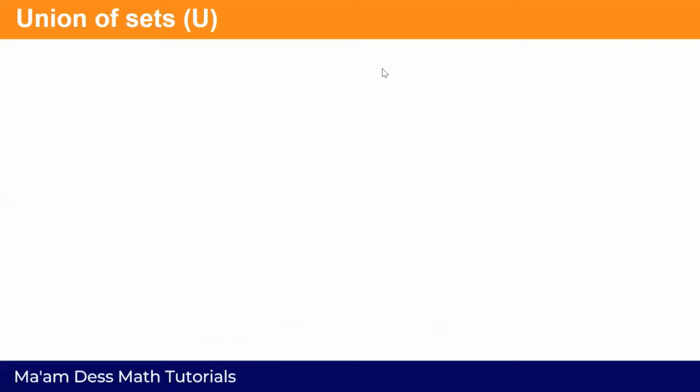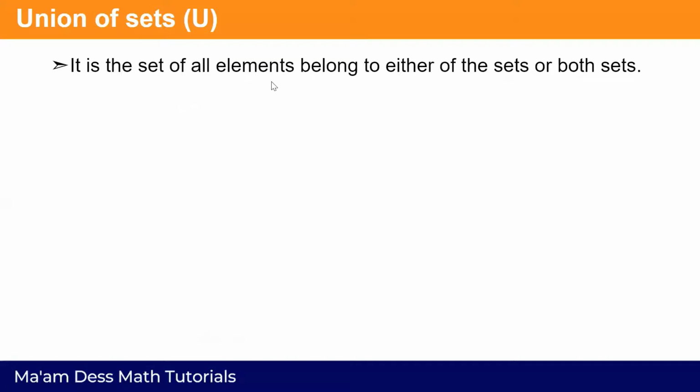The first one, union of sets. Look at the symbol. It is the set of all elements that belong to either of the sets or both sets. When we say union of sets, it means all the elements in two sets, three sets, or whatever.